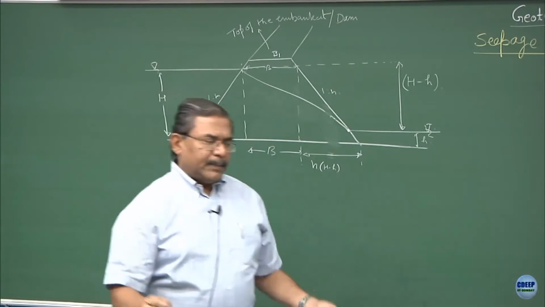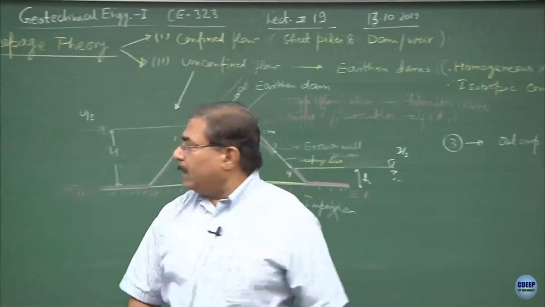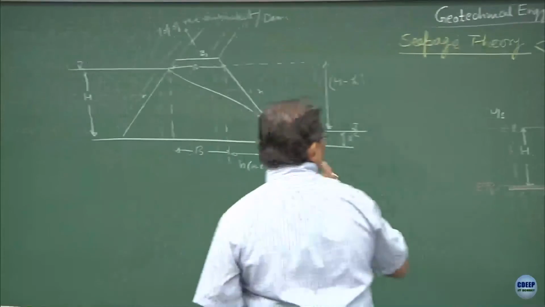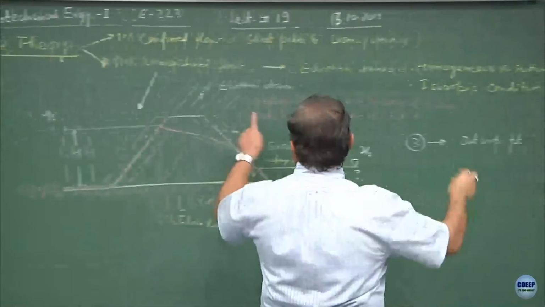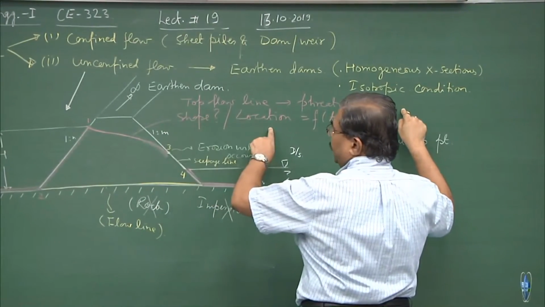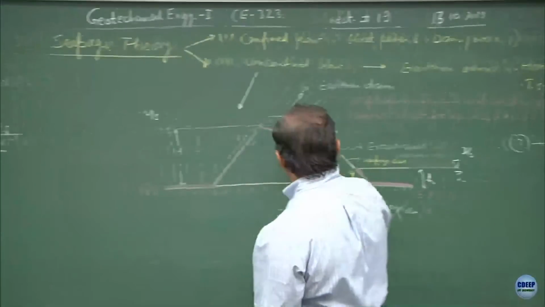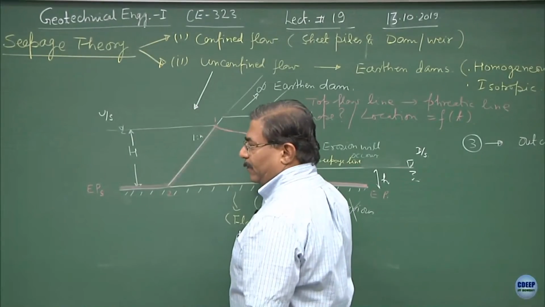Now, in most of these analyses what we do is we consider an element, because the first task at hand is to find out the shape and location of the top flow line. That means I have to establish what is the shape of this curve.